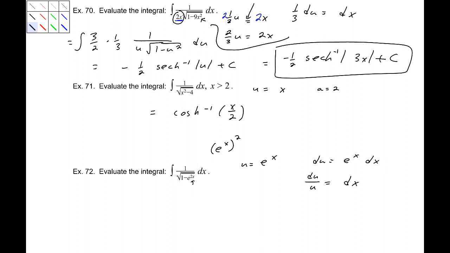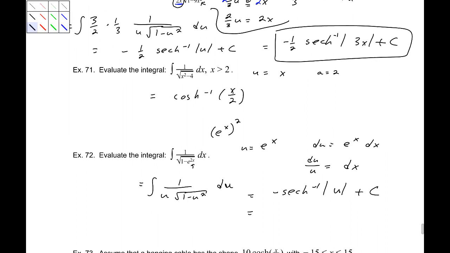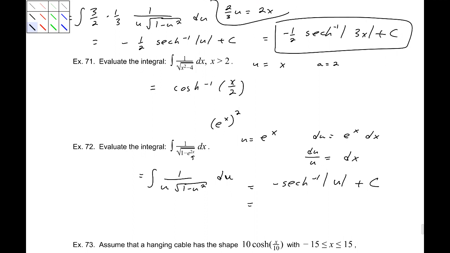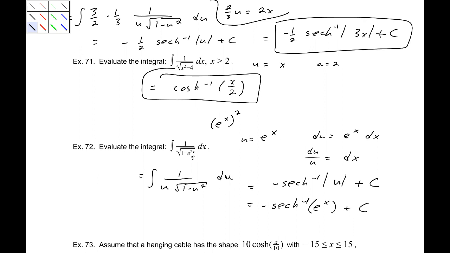So the way this is going to be written is 1 over u square root of 1 minus u squared du, which will be a negative hyperbolic secant inverse, absolute value of u plus c, and we box that. Which in turn leaves hyperbolic secant inverse of the absolute value of e to the x. Now e to the x is always positive, so I don't need those absolute value bars. I'm going to put that in parentheses though.